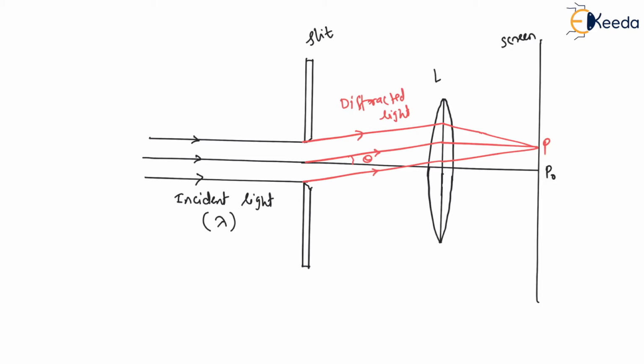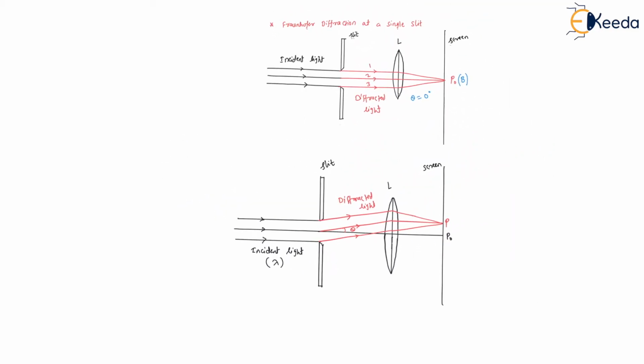Now we have to find out the conditions when P will be a bright point and when it will be a dark point. If you observe carefully these two cases, I'll zoom out so we can easily compare. In the first case, when the initial phase is zero, the first ray and the third one cover the same distance from the lens, so the path difference is zero.